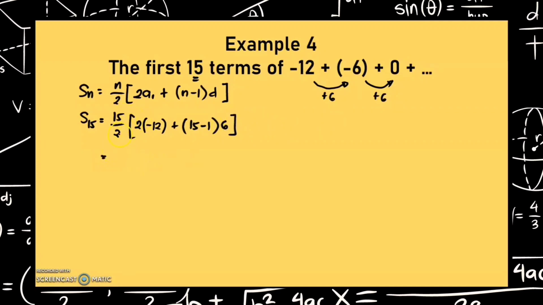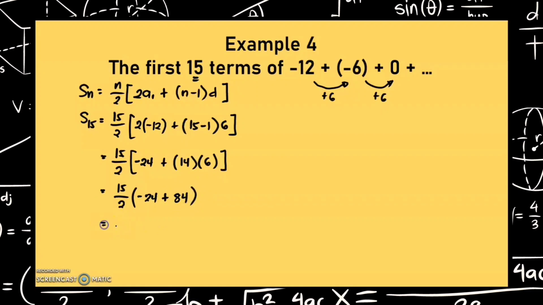As you can see, 15 over 2 will give us a decimal number. So just copy 15 over 2 times the quantity 2 times negative 12, that is negative 24, plus the quantity 15 minus 1, that is 14, multiplied by the common difference. 15 over 2 times negative 24 plus 14 times 6, that's 84.